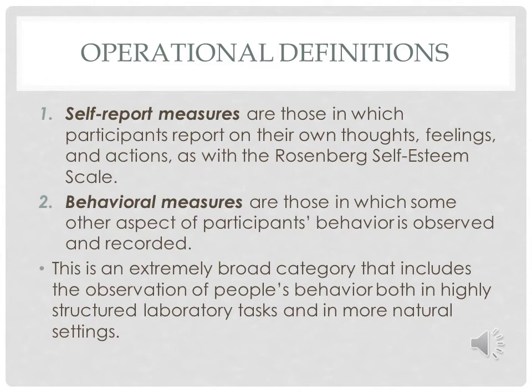The first category under operational definitions is the self-report measure. Self-report measures are those in which participants report on their own thoughts, feelings and actions, as with the Rosenberg Self-Esteem Scale.